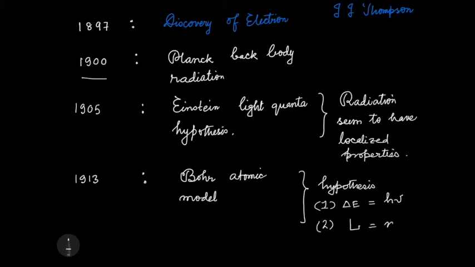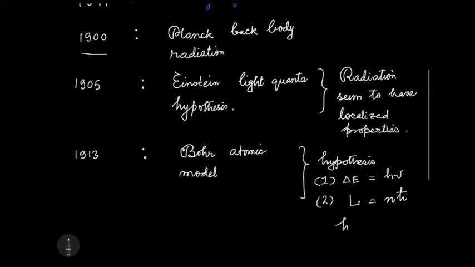The other hypothesis was that the angular momentum is given by n times h cross, where h cross is h by 2 pi. So it's essentially another form of Planck's constant. H is Planck's constant, obviously. So this was Bohr's atomic hypothesis in 1913.